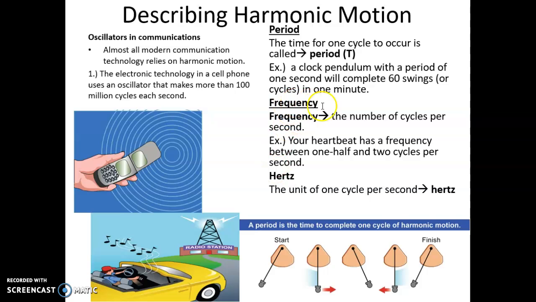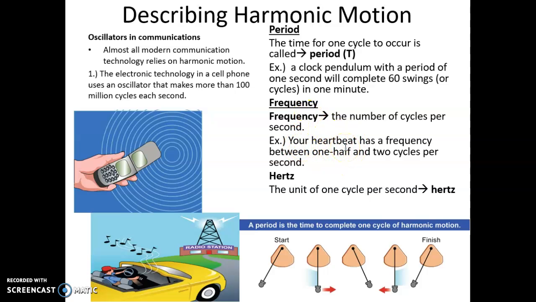Okay, frequency is the number of cycles per second. Some oscillators go really fast, and you're going to have them completing multiple cycles in a 1 second time period. How many cycles they complete in a 1 second time period would be the frequency. The example that they're giving here is your heartbeat.